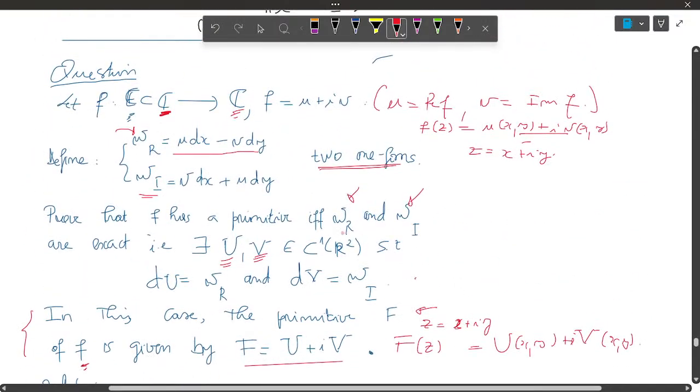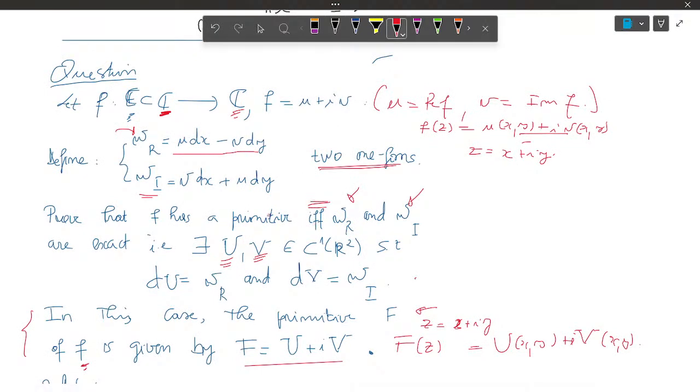So here you see we have an if and only if problem to prove. We must prove that f has a primitive if and only if omega R and omega I are exact. It means that we have two things to do. We're going to prove the if condition and the only if condition.